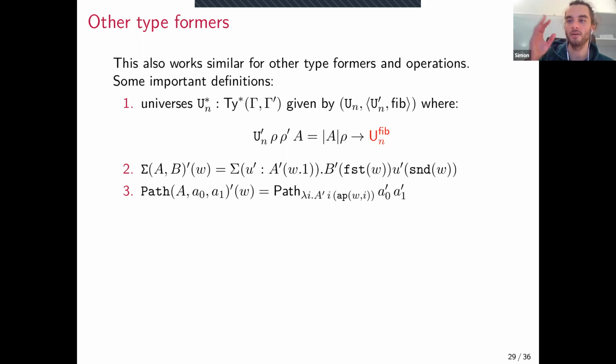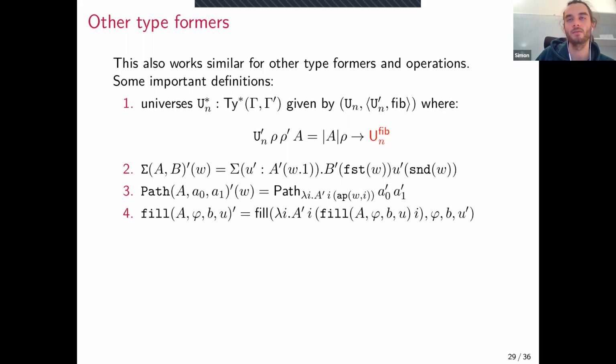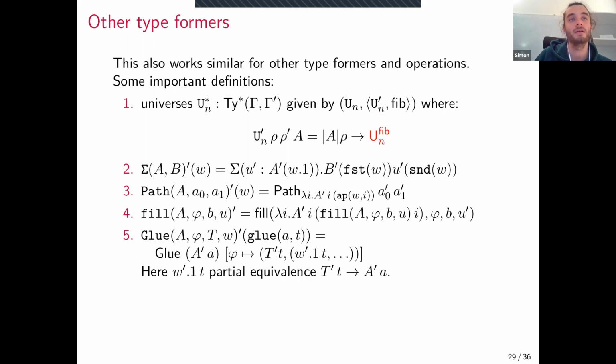So this works really nicely. And you can also define a filling operation, just using the filling operation of this A prime. So now this is where we need the fibrancy structure. And we can also define glue by a similar thing.